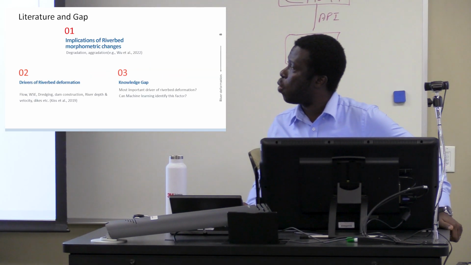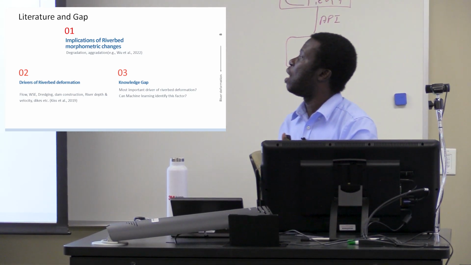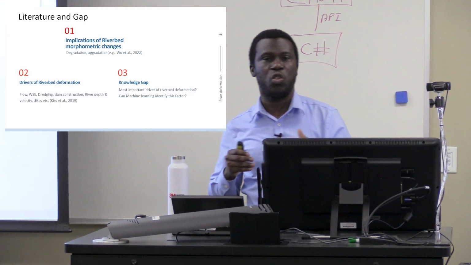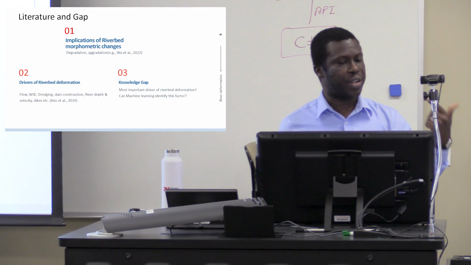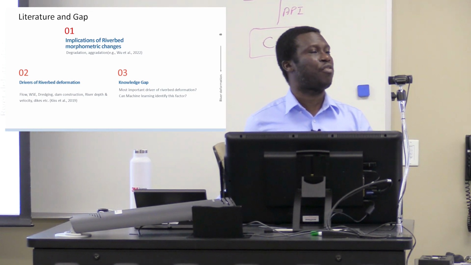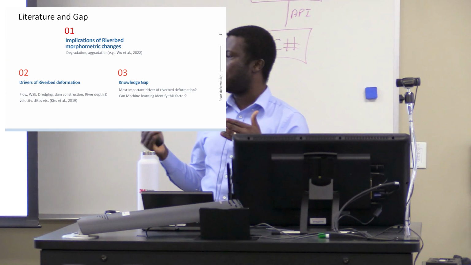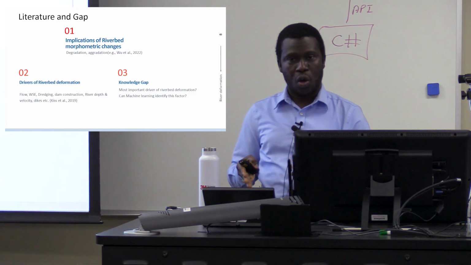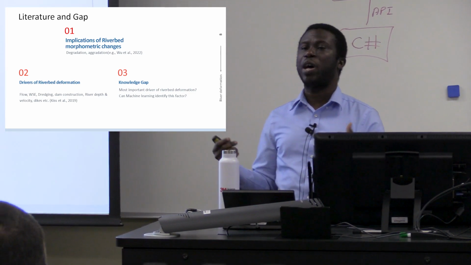So what is the gap? When we talk about the gap within this idea, I'm talking about the implication on riverbed geometric changes. Several studies, and I just put one here, have looked at degradation, aggradation, and how they have impacted geometric characteristics. But this kind of research focuses on the channel and not on the floodplain and other parts of the ecosystem.